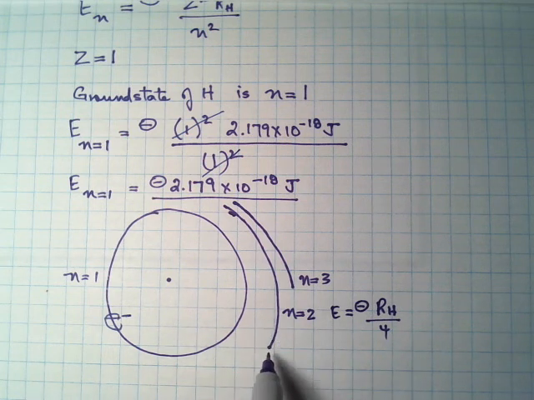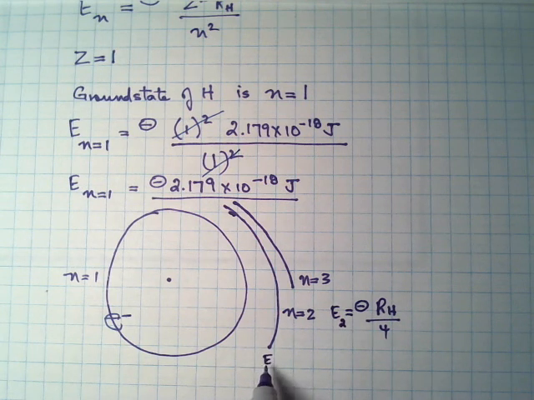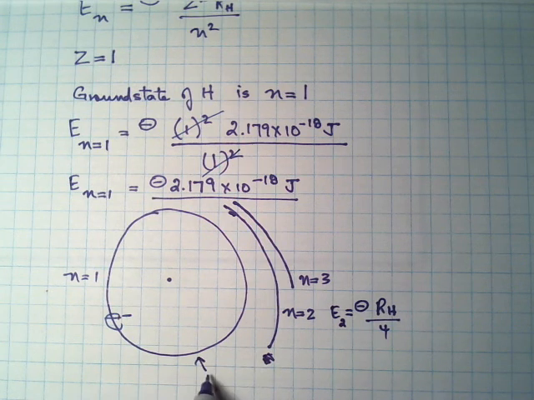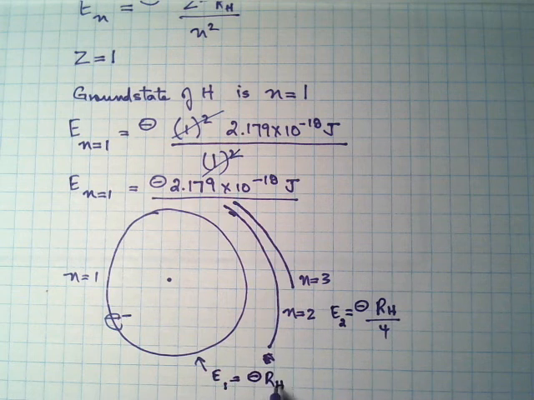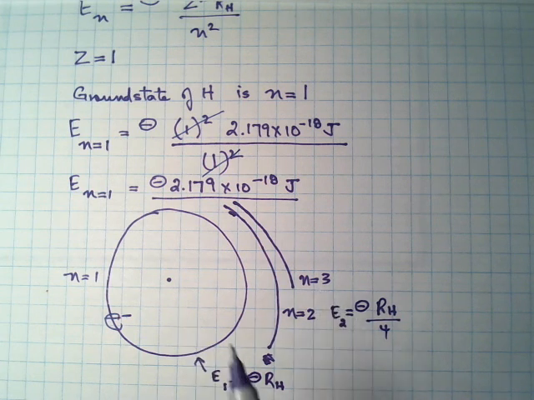And let's just fill this in here. So that was 2, and the energy of the first level was a negative value of RH. So tell me, what is the energy value for the third level?